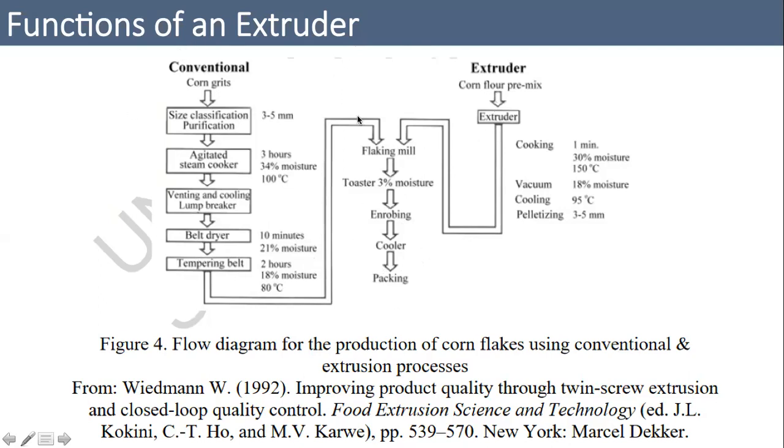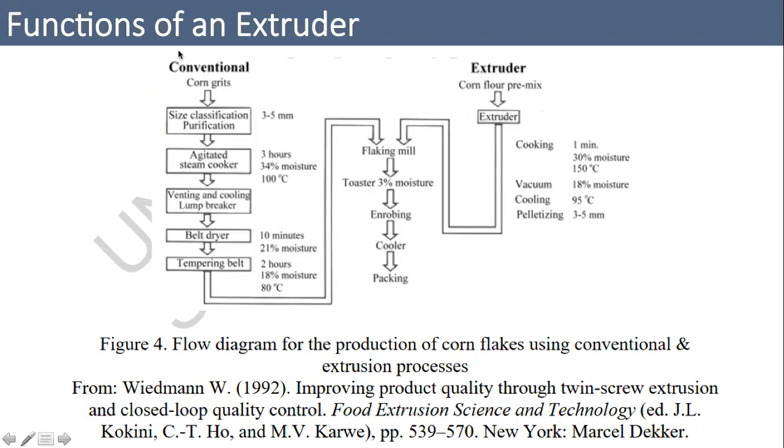From here, the conventional process: grinding, then size classification, agitator, steam cooker, and so on. Likewise, there are several processes. But here, what we have to use is corn flour, and by using a particular extruder, you can get flaking meal, right?